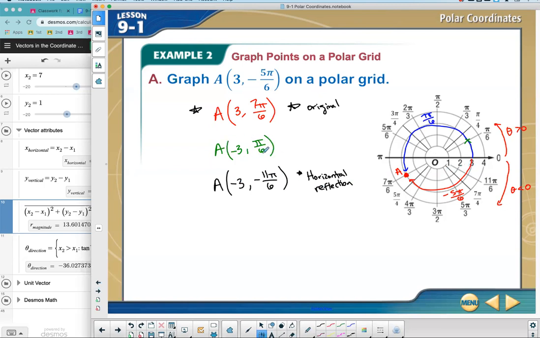The one that is just the magnitude negative will appear to be reflected diagonally. Reflect, I'm going to say across the origin, which means it's diagonal.